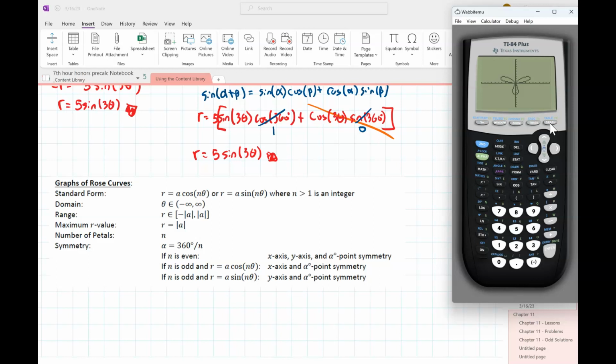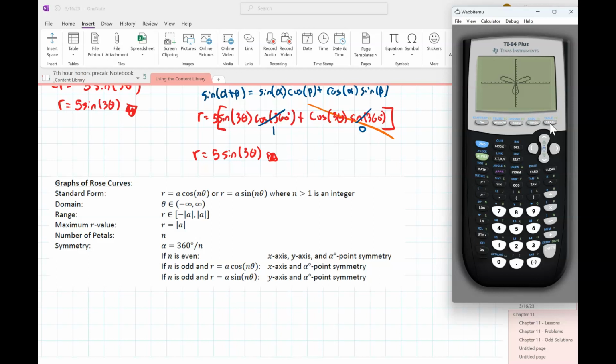The range for a rose curve is going to be negative the absolute value of a, comma, positive the absolute value of a, because the minimum and maximum values are dictated by the sine or cosine, which could be -1 or +1. The maximum value is just the absolute value of a. The number of petals is n. Notice that we had sine of 3 theta, n was 3, and we got 3 petals.